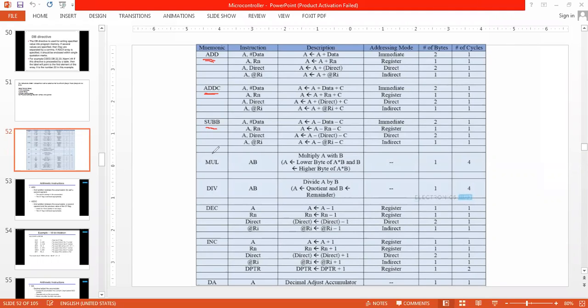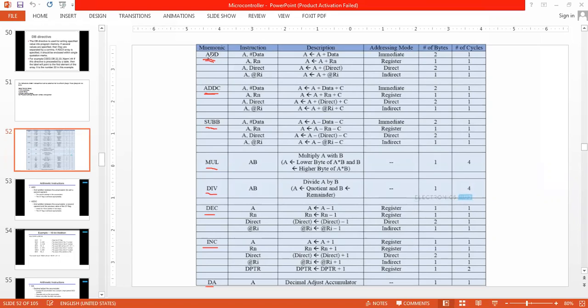Okay, then multiplication, MUL, division, DIV, decrement, DEC, increment, INC, DA, decimal adjust. All these are arithmetic instructions.